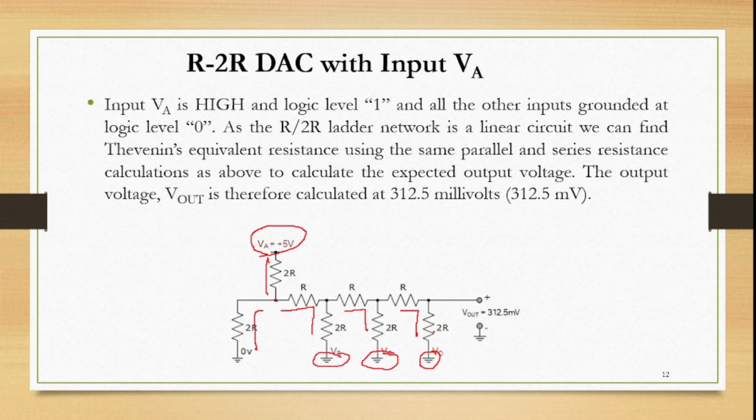So what can we do? We have to go for Thevenin's theorem. Thevenin's theorem will tell us the output voltage here, which is 0.3125, equal to 312.5 millivolt. It should be found with the Thevenin's equivalent circuit.